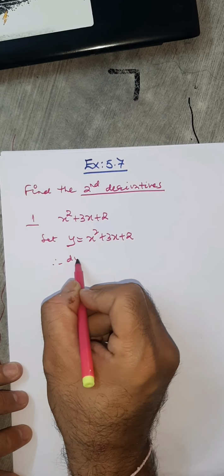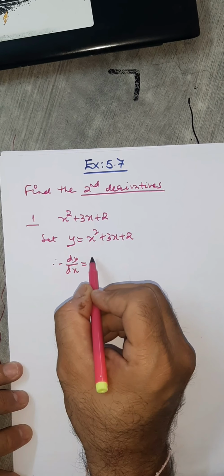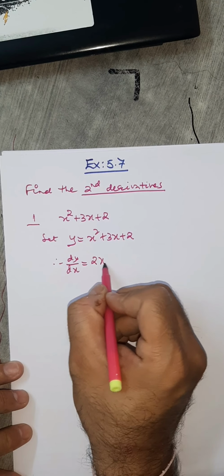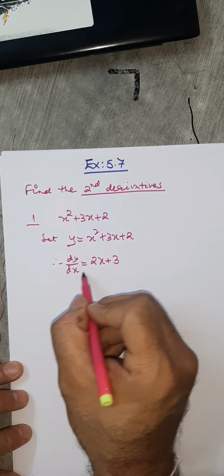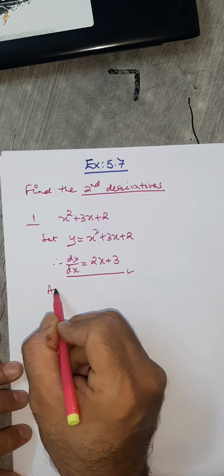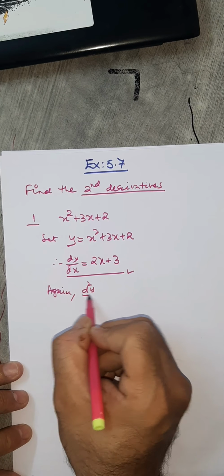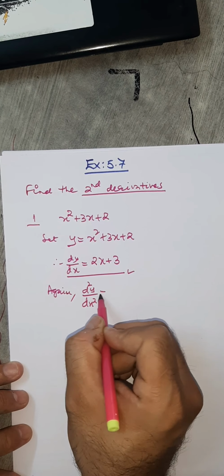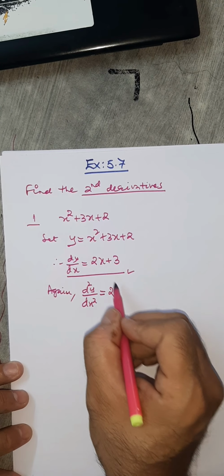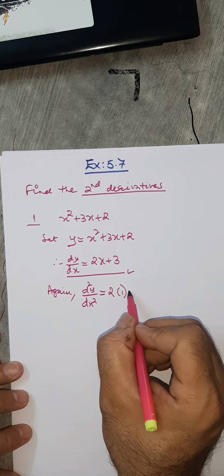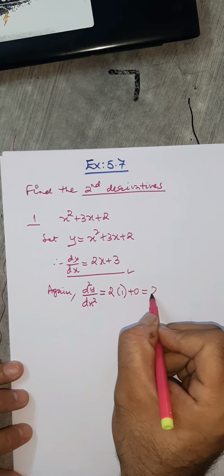So therefore dy by dx, you know it's very simple, which is 2x plus 3 plus 0, and again if you do it again, d square y by dx square, 2 being constant as it is, derivative of x is 1, 3 becomes 0, so answer is 2.